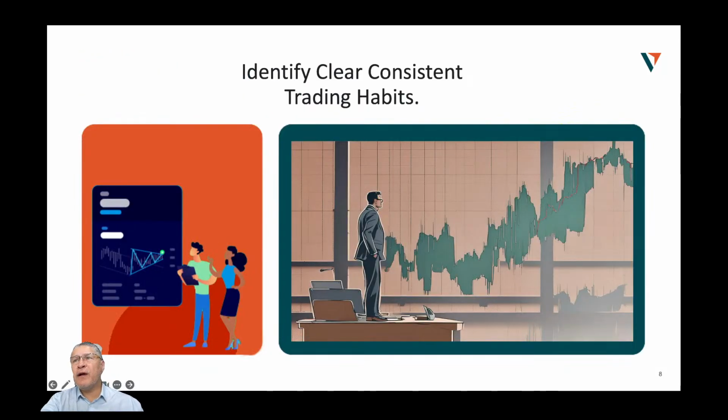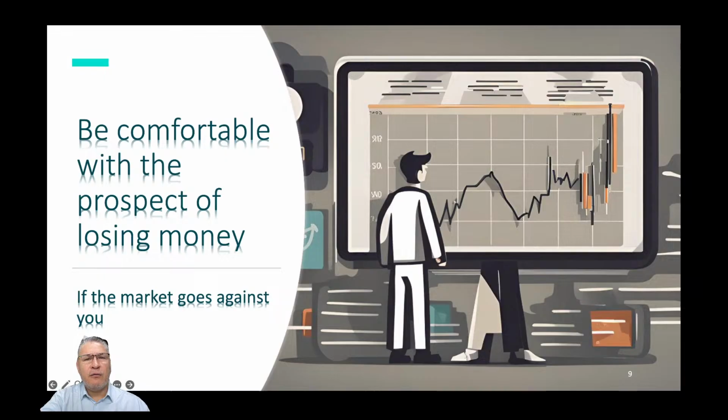Before we get started, I always like to touch some bases on some of my key things that all traders should be having somehow. We want to be able to identify clear, consistent trading habits. We want to feel comfortable with the prospect of losing money if the market goes against you.